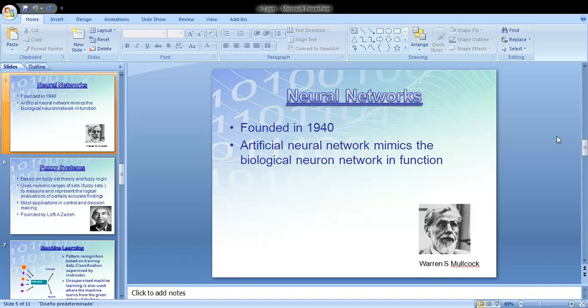I will just say that a neural network is a kind of program that takes certain variables or features as input and predicts output accordingly. It was founded in 1940 by Warren S. McCulloch, the inventor of some very basic, very fundamental things in this area.